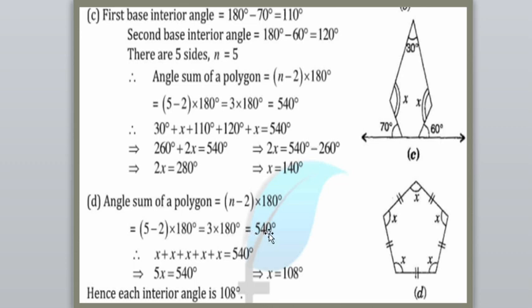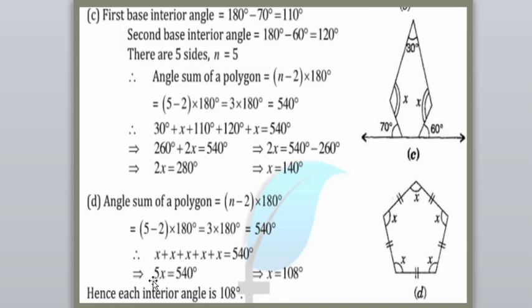Now by using the angle sum property of a polygon, we know that the sum of all interior angles equals 540 degrees. All interior angles are given as x. So x plus x plus x plus x plus x equals 540 degrees, that is 5x equals 540 degrees.